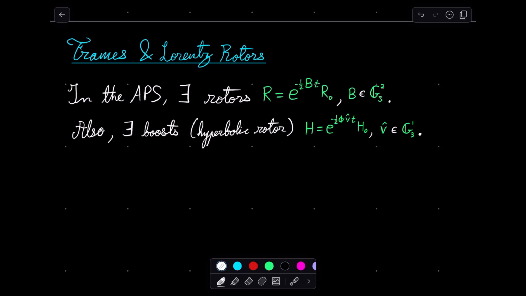Now these transform objects and therefore create different frames of reference. For Euclidean motion, we have body frame and world frame, and then we have lab frame and rest frame for hyperbolic motion.